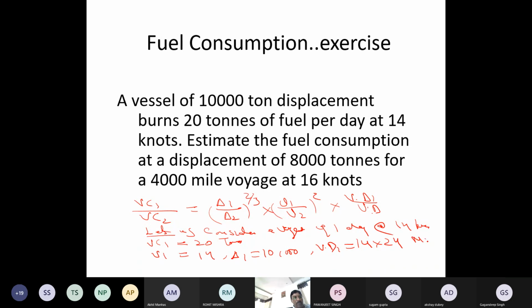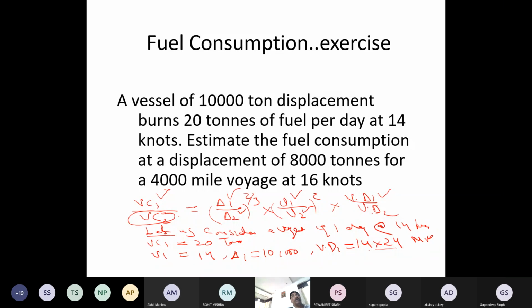So I have VC1, I have delta 1, I have V1 14 knots, and also I have voyage distance 14 into 24. VC2 is what I want to calculate. Delta 2 is known to me, V2 is known to me, voyage distance 2 is 4,000 miles, everything is known, only VC2. So I can get VC2 also using this voyage consumption formula.